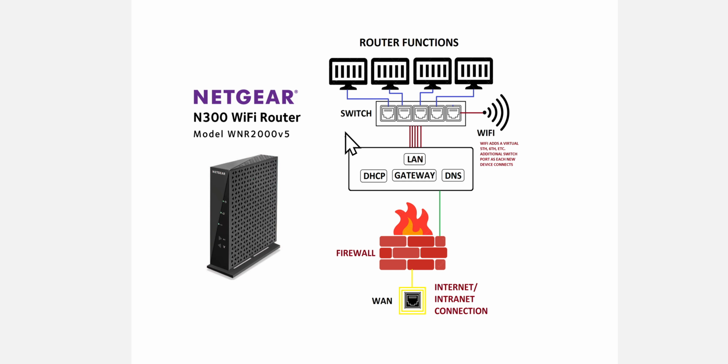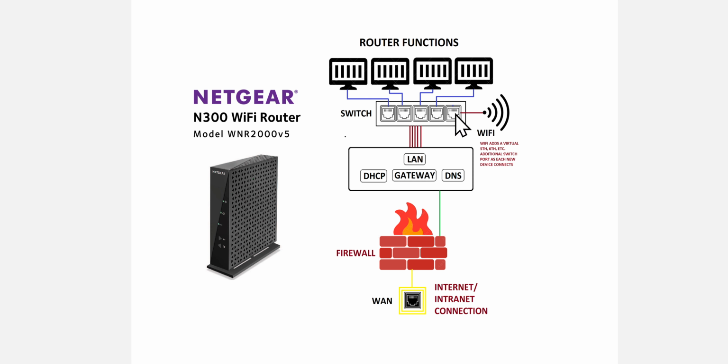And the neat thing about a router is that it adds the Wi-Fi connection to it, which is just like another virtual port on the switch, and as many Wi-Fi connections is just adding another port.